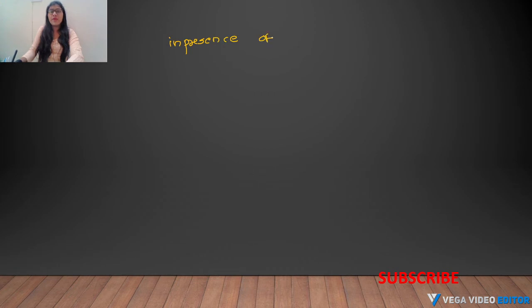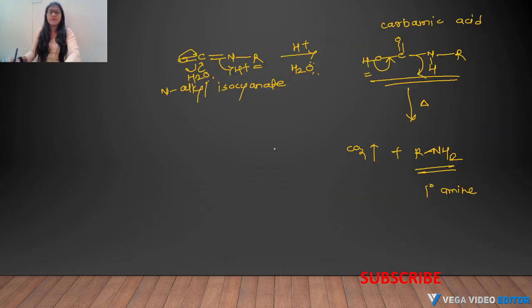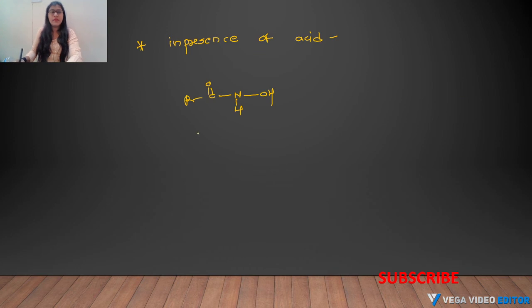In presence of acid, what is the mechanism for Lossen rearrangement? The starting material is hydroxamic acid. This is the formula of hydroxamic acid. Here this hydroxamic acid reacts with hydrochloric acid.